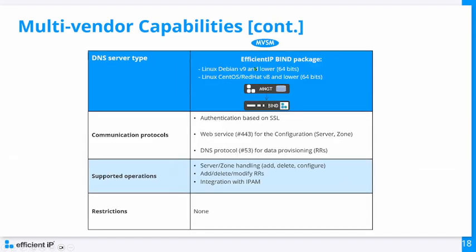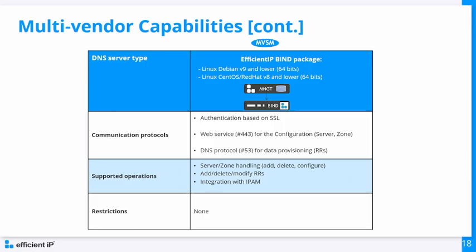Now, what is this EfficientIP BIND packet? If you want to use the EfficientIP BIND engine, you can download the EfficientIP BIND packet from EfficientIP support, and then install it into your own Linux server.